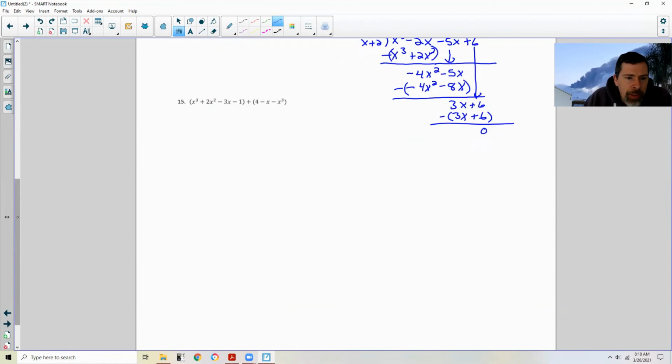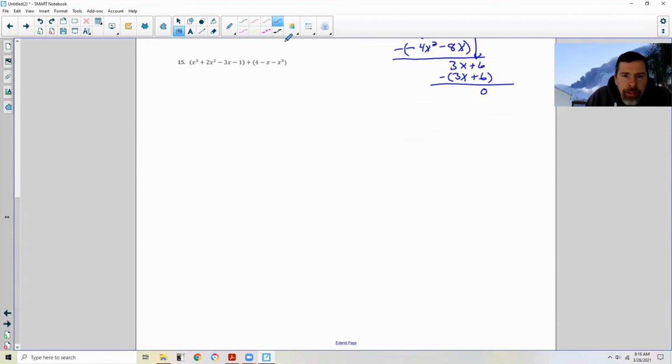And last but not least, we are going to add this, and this is quite simple. This is my largest term. I'm going to put it under the cube over here, so I'm going to rearrange this: minus x cubed. Then I'm going to focus on this term, minus x.